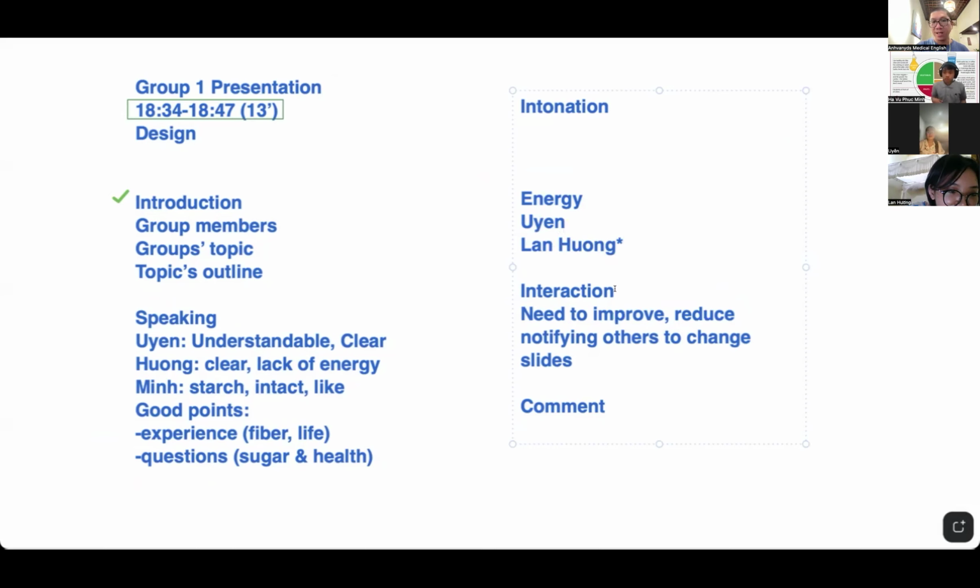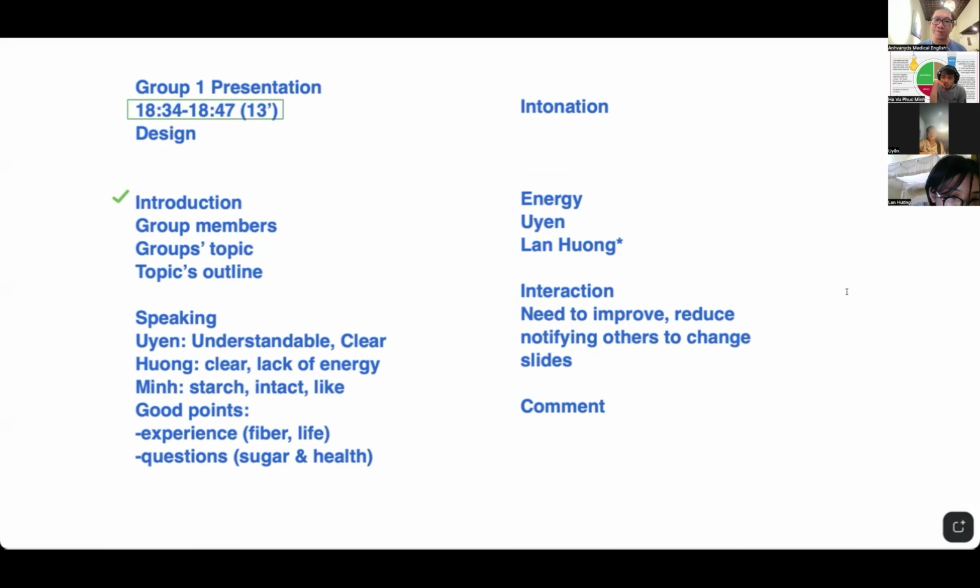But interaction. I mean, you need some improvement on how to interact with other members in your group. Why? Because you don't need to say, next slide, please. Next slide, please.